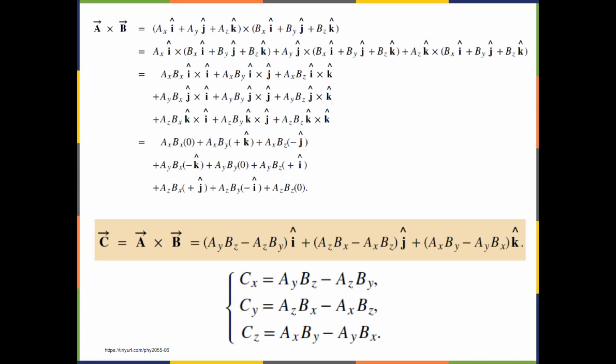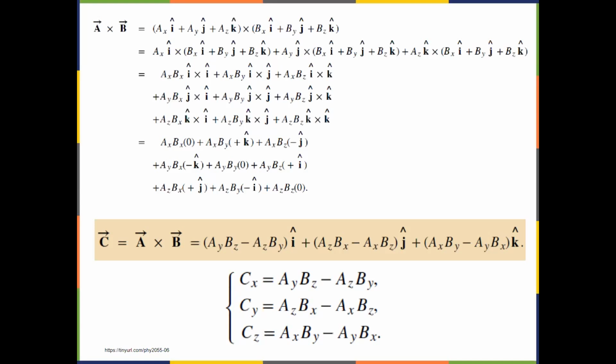On this one, i cross j will give you k, so ax by times k in that direction, okay? And then this one, i cross k will give you minus j, because k cross i will be positive j, then if you reverse the two, it gives a negative j.